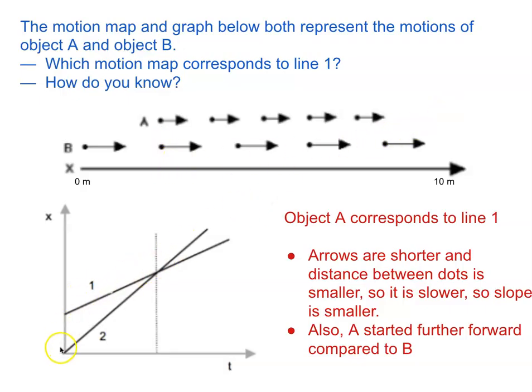And if you compare that to the graph, you can also see that object B, which is represented by line 2, starts at the 0 mark for distance, and object A, which is represented by line number 1, starts a little further along.